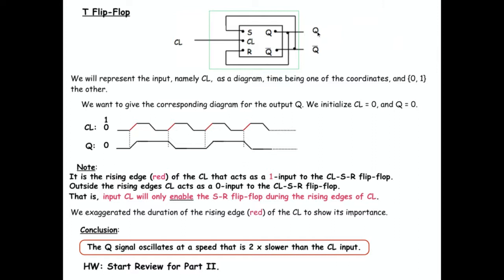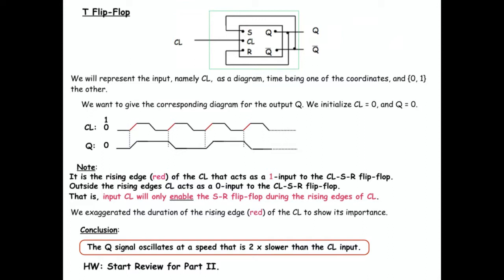The state of the flip-flop gate, the Q, can only change once every cycle, right? So it goes from 0 to 1, then back to 0. So to go back to 1, it needs 2 clock cycles.